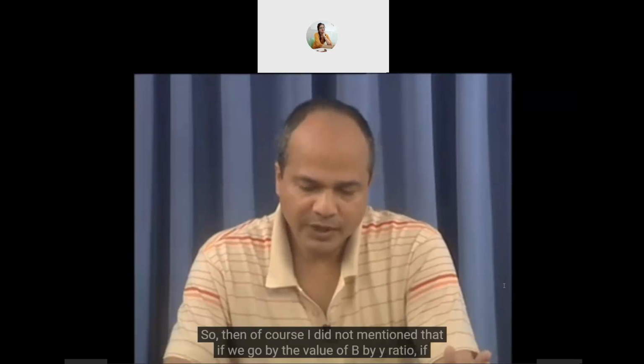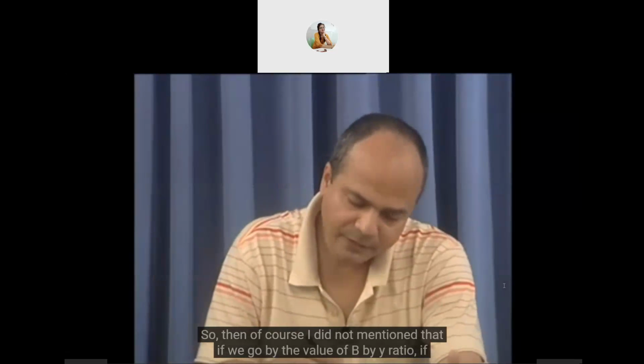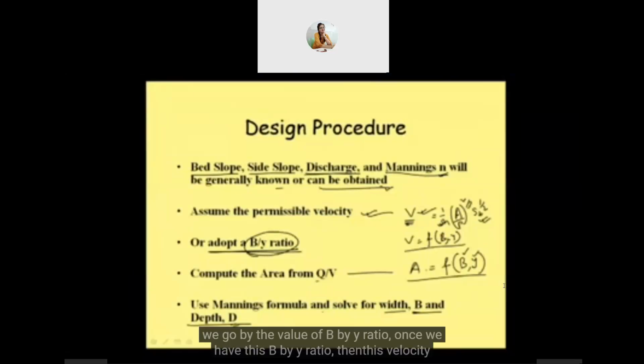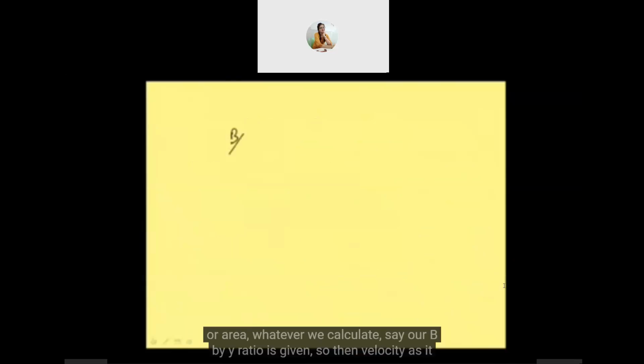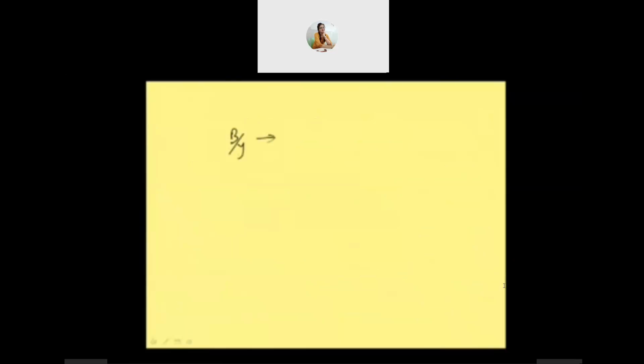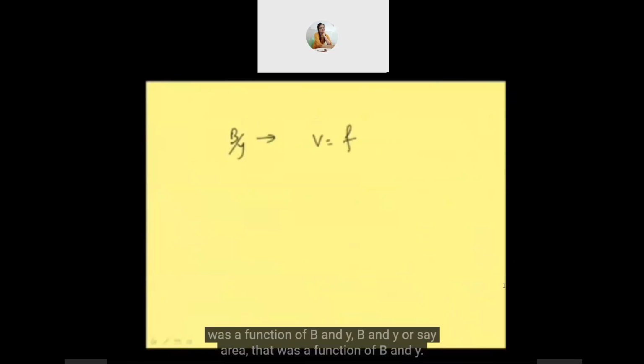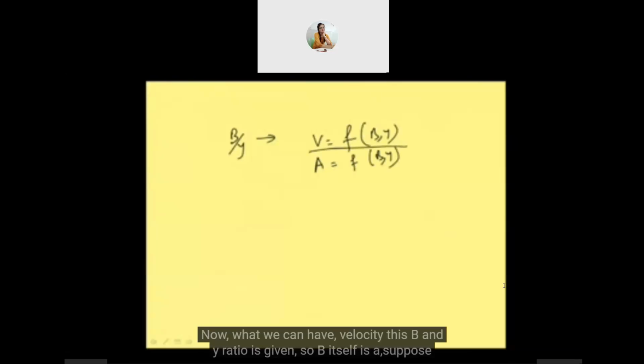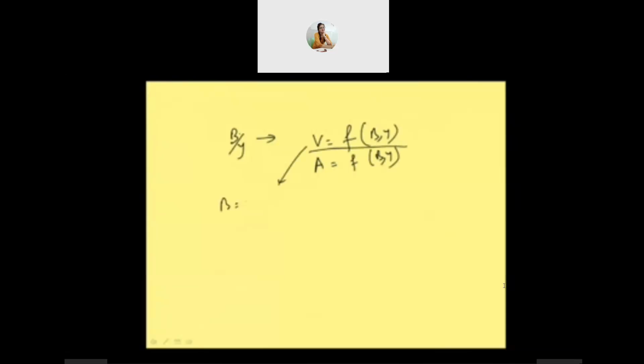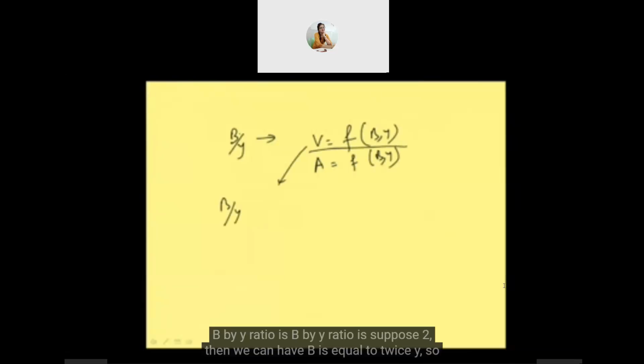Then of course I did not mention that if we go by the value of the B by Y ratio, once we have this B by Y ratio, then velocity or area, whatever we calculate, as it was a function of B and Y, now when the B by Y ratio is given, suppose B by Y ratio is 2.